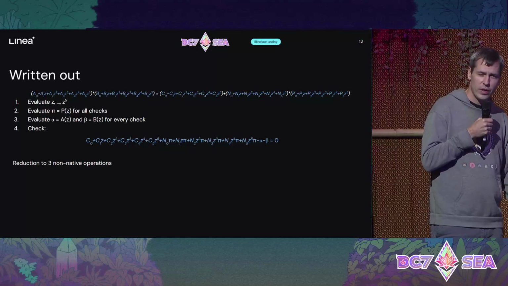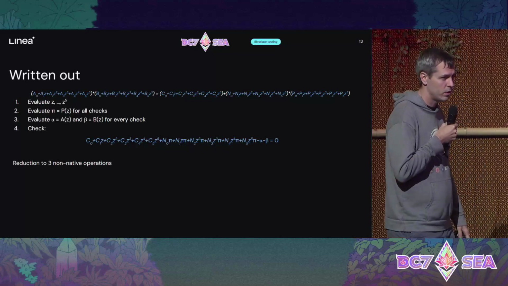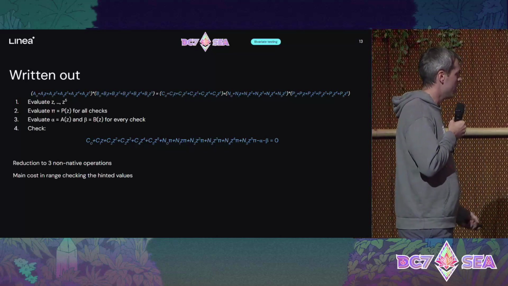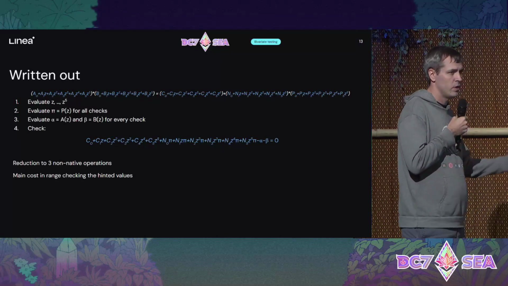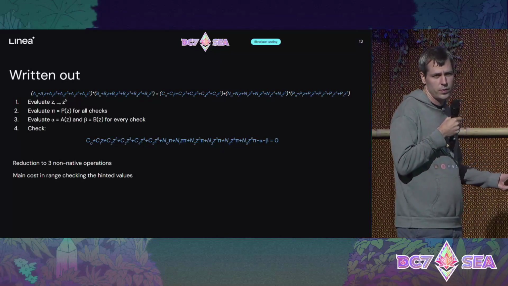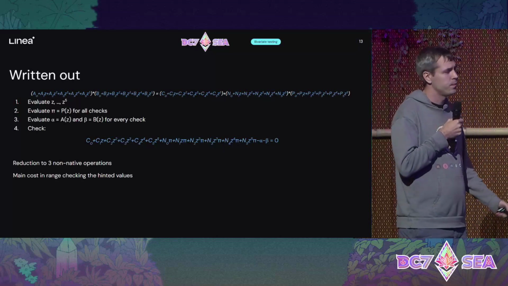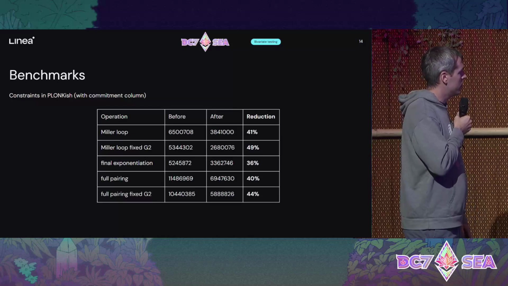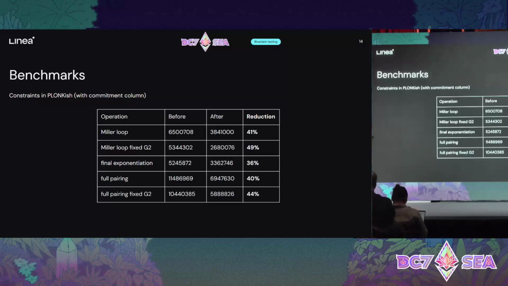So for evaluating the extension multiplication, we only need 3 non-native operations. The main cost here is range checking the hinted values. Actually doing the multiplications themselves is cheap, but when we work in 64-bit limbs, we have to check them. When we look at the benchmark results, this is the number of constraints in Plonkish. On average, we were able to get a 40% reduction.